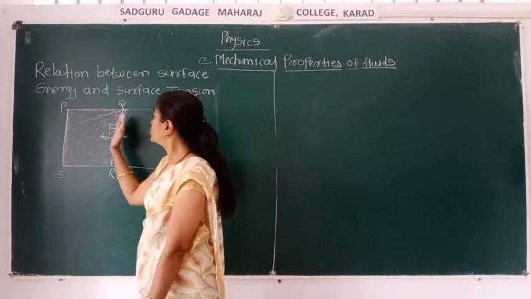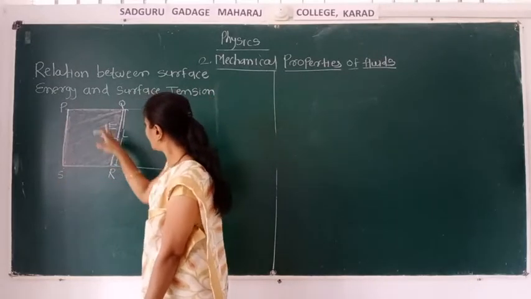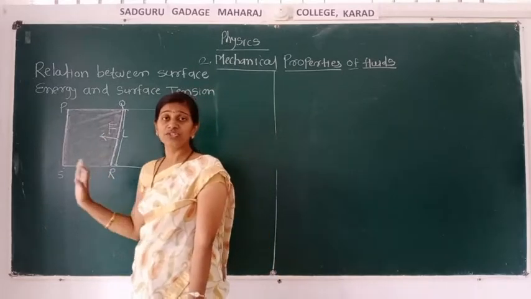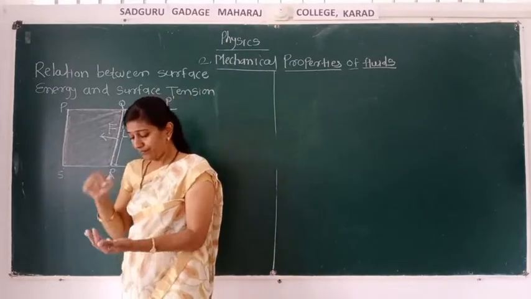If it is moving toward PS, the area of the film is going to decrease.